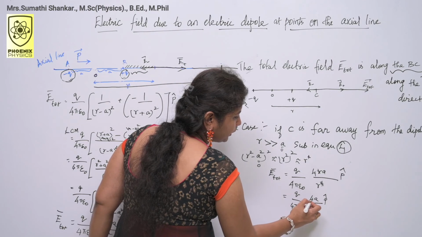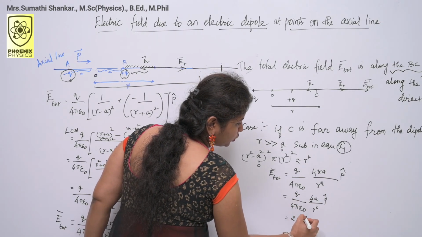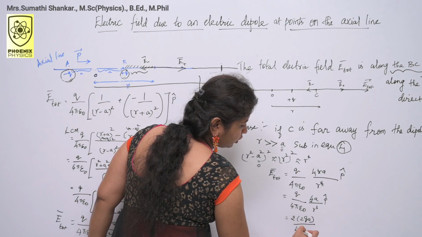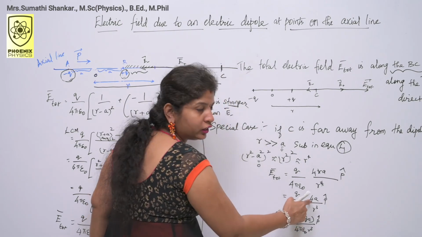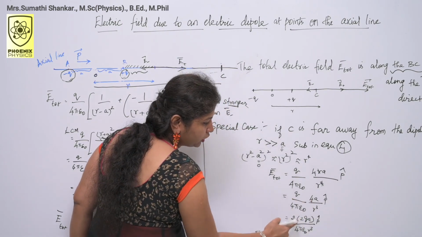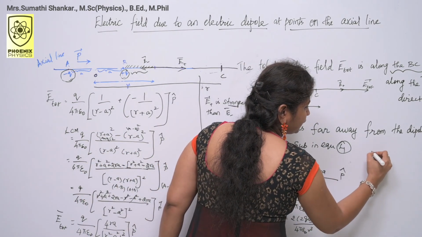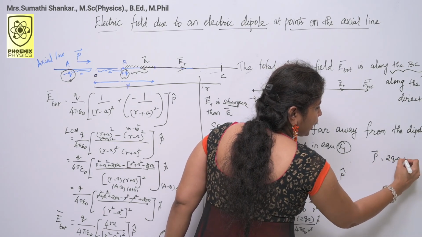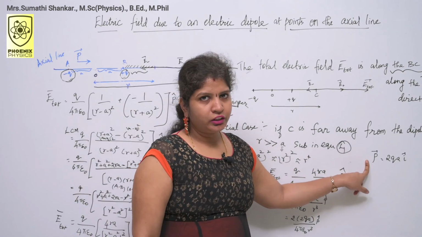Then you split this 4 into 2 into 2. So 2 into 2QA divided by 4 pi epsilon naught R cube, here I have P cap. So 2 into 2, 4, right? So I have split this 4 into 2 into 2. You know the general formula: the dipole moment is equal to 2QA I vector, because dipole moment is a vector quantity.